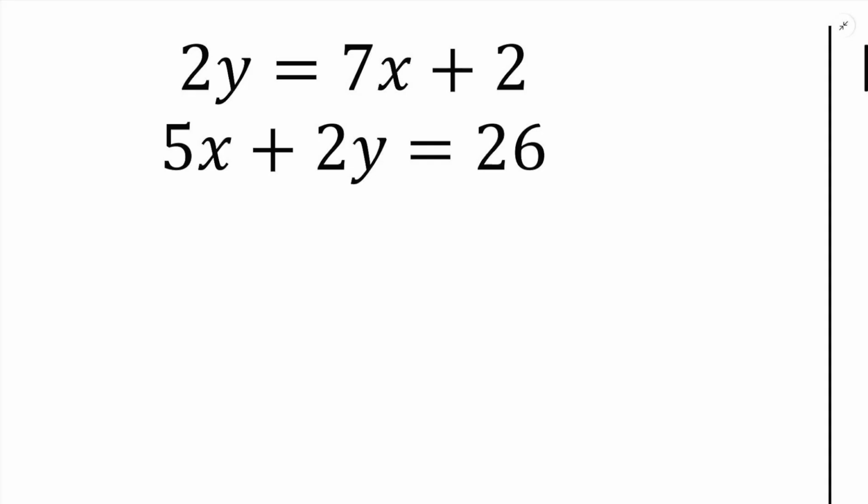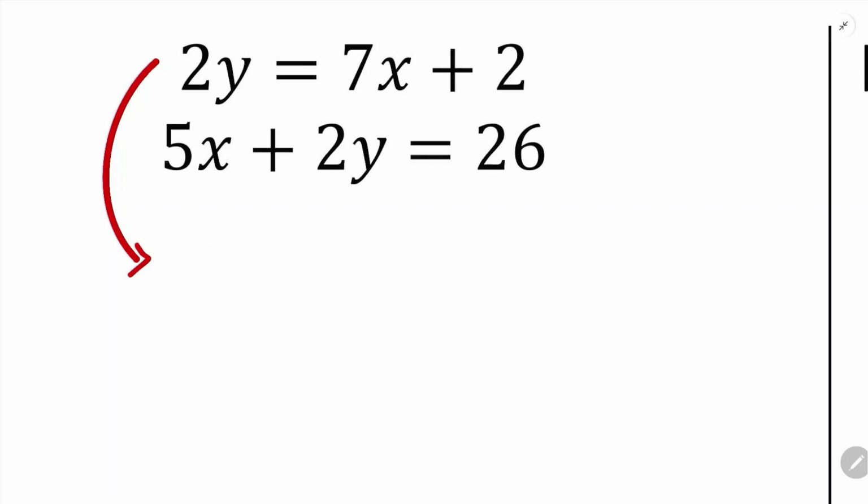If I want, I could, for example, get the x's and y's on the same side in both equations, and then use elimination. So this is kind of close to elimination. If I were to take this top equation, I'm just going to work with just the top equation right now. I could subtract 2y from both sides.